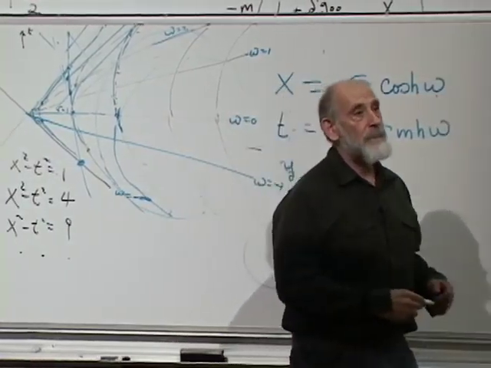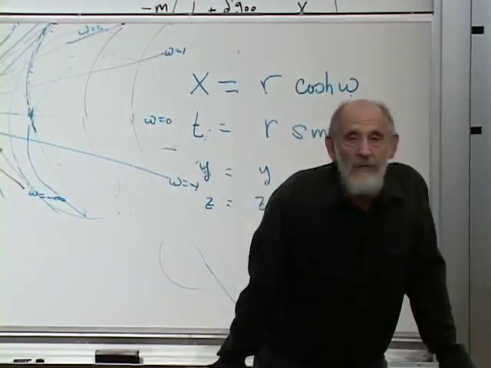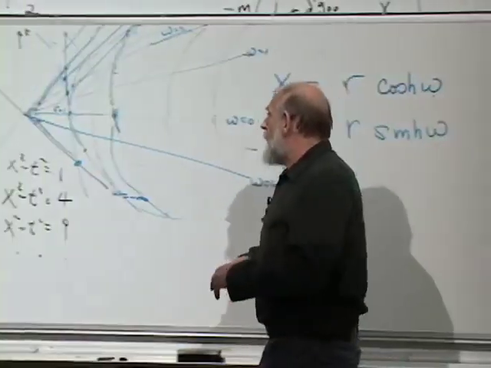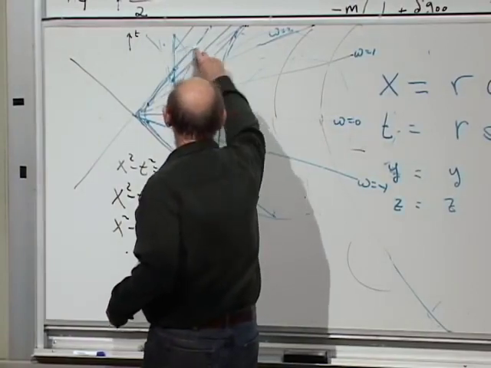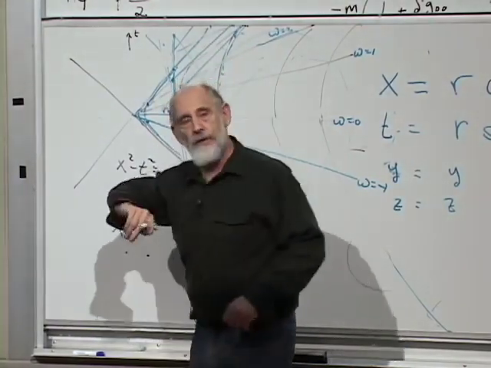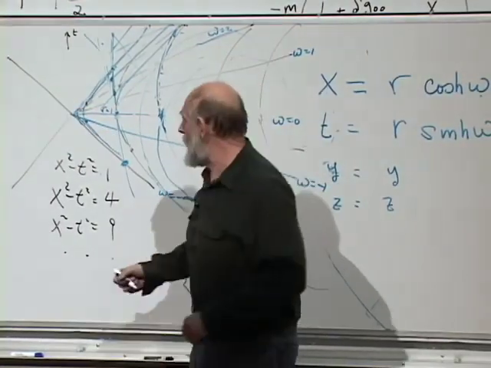What does the rock see? If he looks out, nothing very special. He looks out, and he does see these hyperbolas receding away from him. But he can see them.